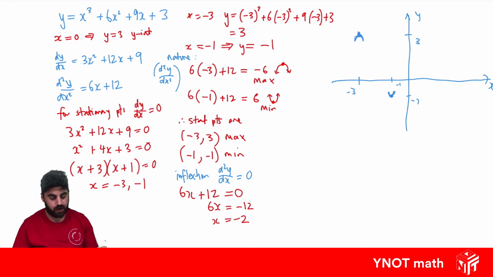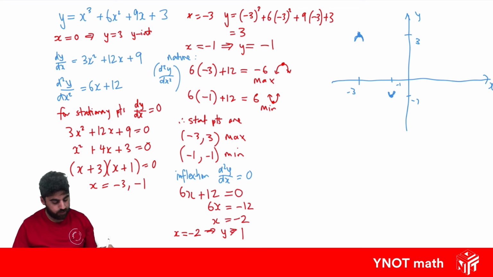So we get x equals minus 2. And we need to find the y-coordinate. Using x equals minus 2, we're going to sub it into our original function of y, and we'd get 1.